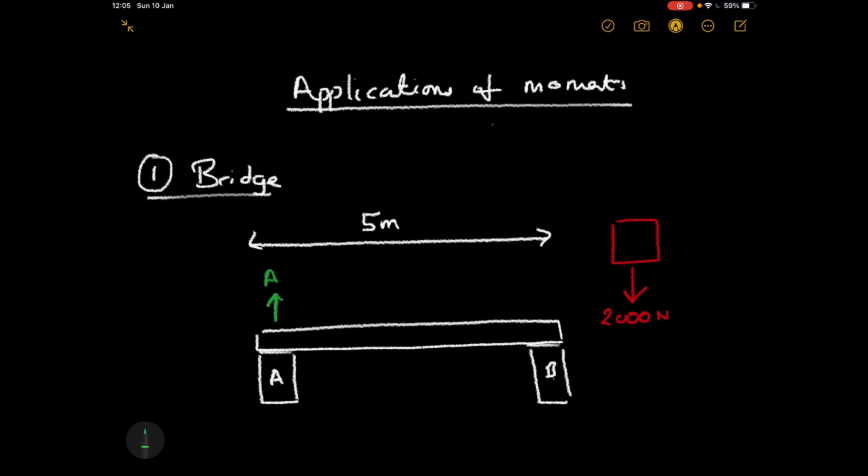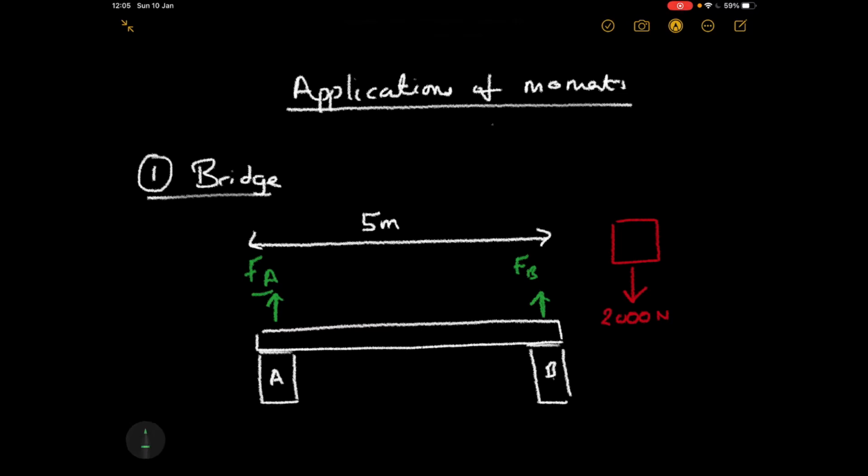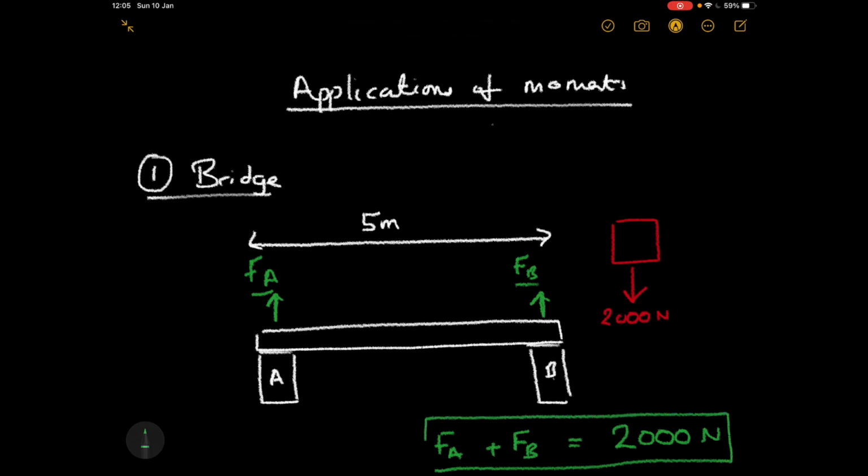It's going to be supported by a force upwards from support A and a force upwards from support B. And in order for this thing to be stable, hopefully it should be fairly clear that these two forces, force A and force B, should equal 2,000 newtons, or whatever the weight of this object is.